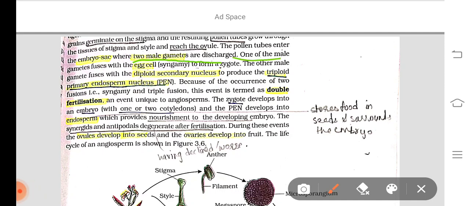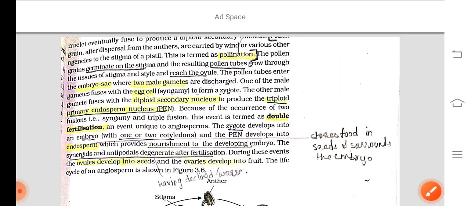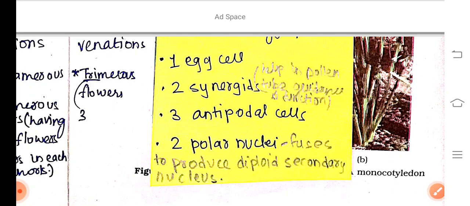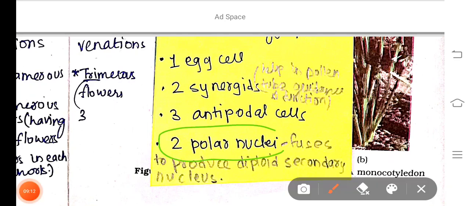1 male gamete fuses with the egg cell, which is the female gamete, and forms the zygote. The other male gamete fuses with the diploid secondary nucleus. What is this diploid secondary nucleus? This.